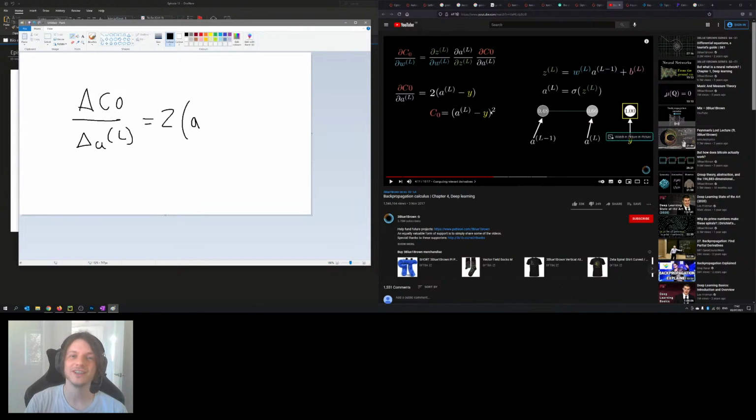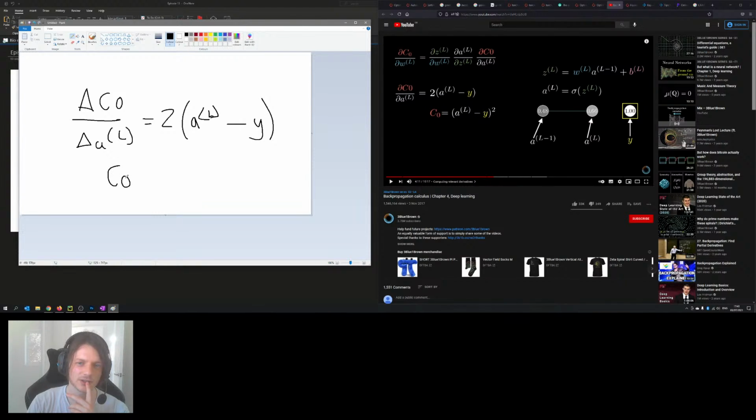Oh, because there's 2 activation layers. Oh, I see. Okay, that makes sense. 2 activation layers minus the output or the cost. Okay, fine, that makes some sense.